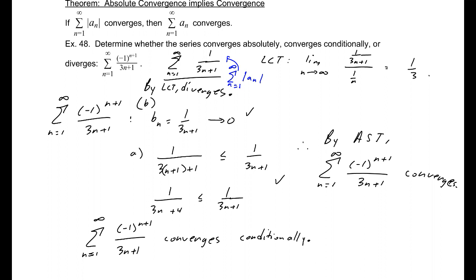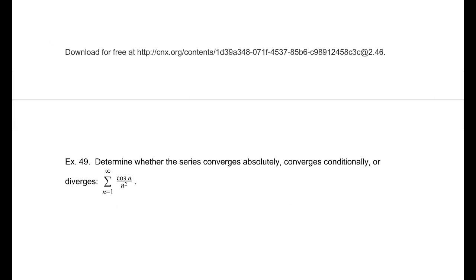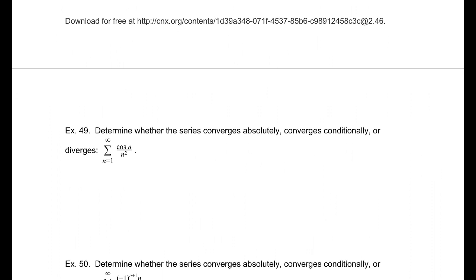Determine if it converges absolutely, conditionally, or diverges. Number 49. Determine whether this series converges absolutely, conditionally, or diverges. So let's first consider the absolute value.